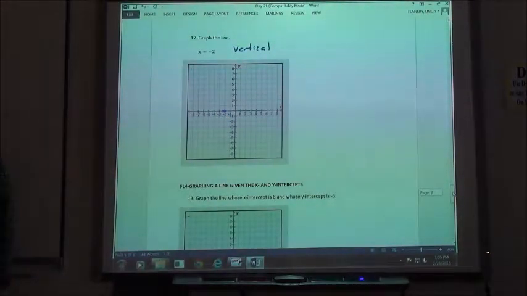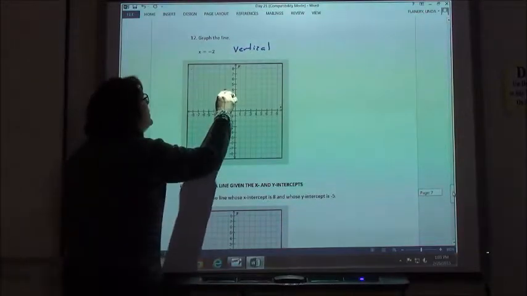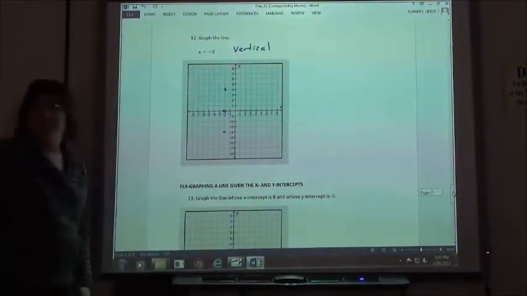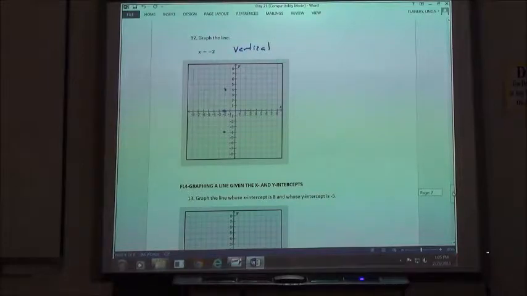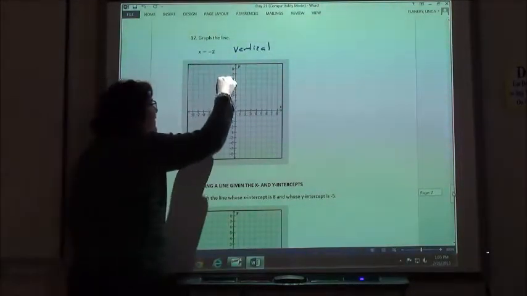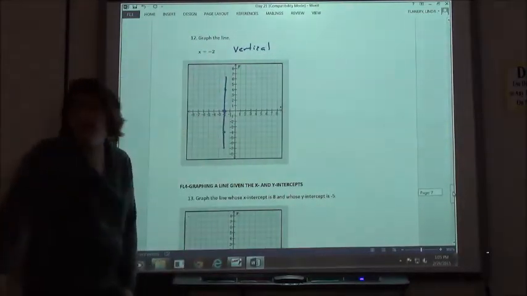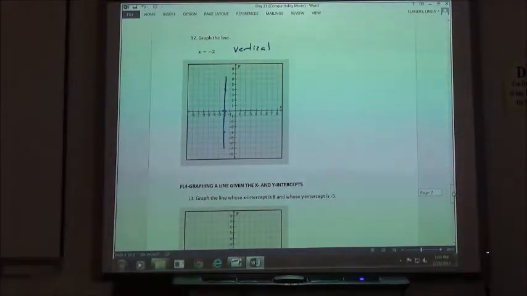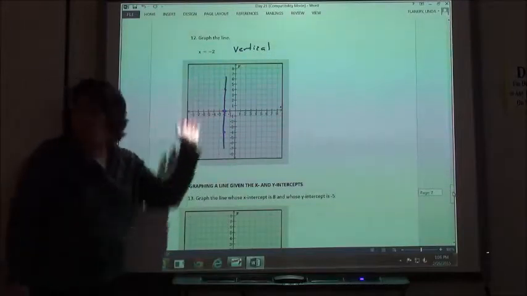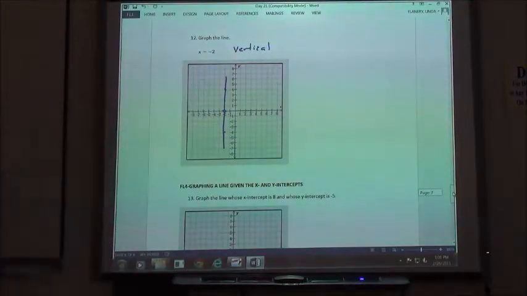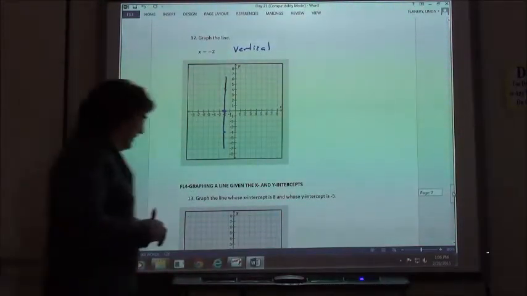Since I know my line has to go vertical, I just click here and click here, straight up and down, instead of making a big long table. And I have my line. So that's the shortcut if you know what you're supposed to get, a vertical or a horizontal line. If you don't know, then make the table, fill out some points and plot them, and you'll find out which way it ends up going.